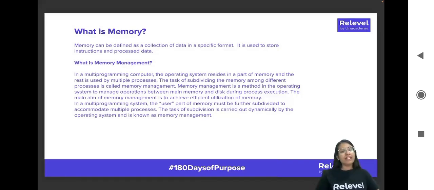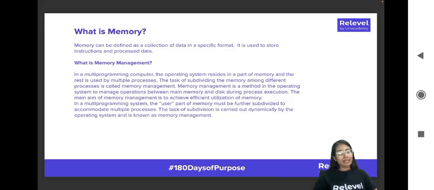In a multi-programming system, the user part of the memory may be further divided to accommodate multiple processes. In the memory you store the operating system, and you store the user processes also. This task of subdivision of the memory is carried out dynamically by the operating system.